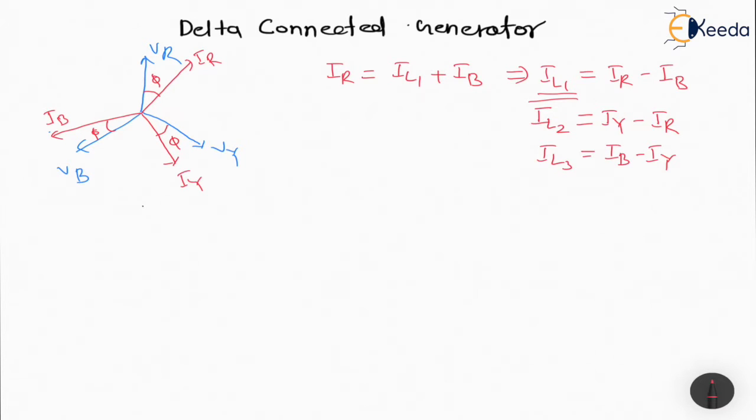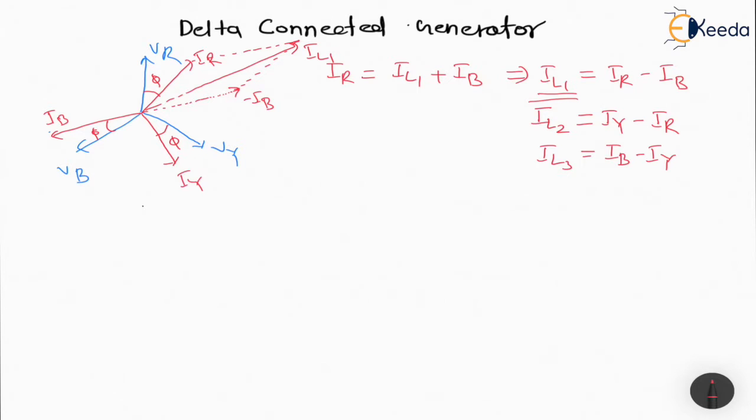IB is here. If I draw the dotted line, this will be minus of IB. So the resultant of IR and minus IB will be like this. So this will be our IL1.